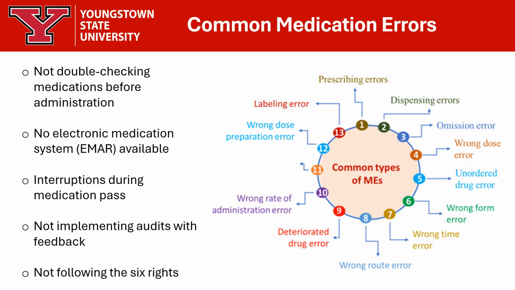Interruptions during medication pass is also a big cause of medication errors. Also, not implementing audits with feedback. Those can also lead to an increase in medication errors. And lastly, not following the 6 rights of medication administration.